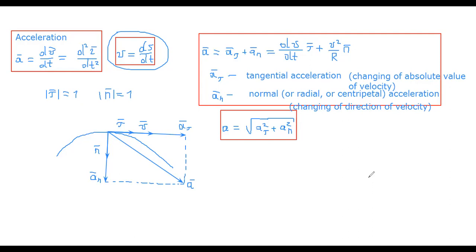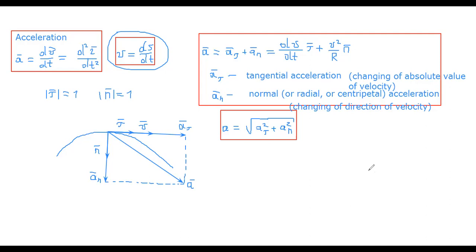Because velocity is a vector value, it means that it has absolute value, it has length, and it has also direction. It is one of the properties of vector values.